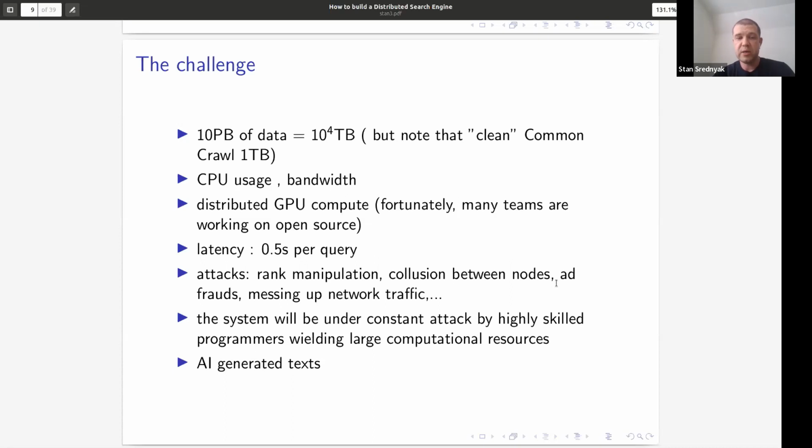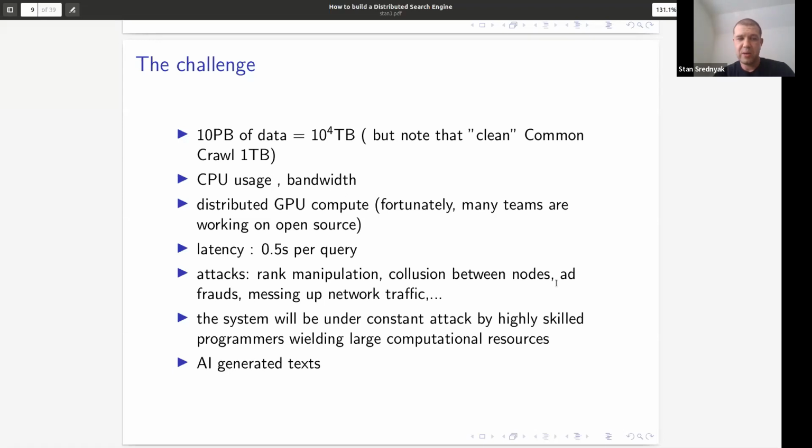And recently, there are different sorts of challenges coming up as artificial intelligence systems become very proficient in generating human-like text. So it's quite conceivable that very soon we will see many pages that were generated by computer, and we have to be able to deal with them, at least to classify them as such.